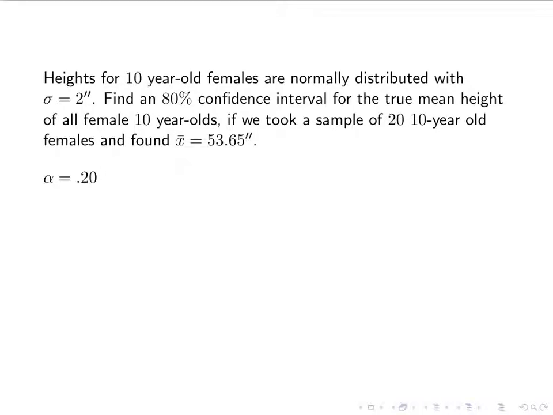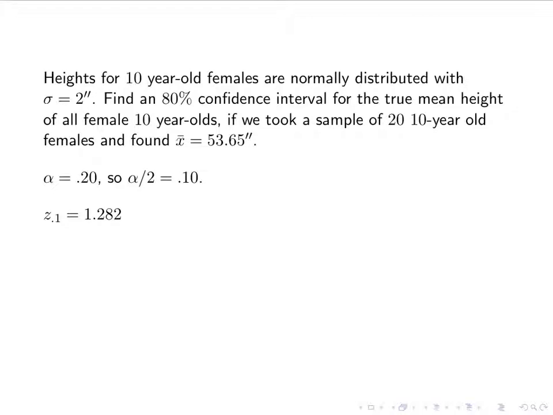Our confidence level is 80%, so our alpha is 20% or 0.2. Alpha over 2 is 10% or 0.1. So we're looking for z sub 0.1, and if I use Excel, I get 1.282.